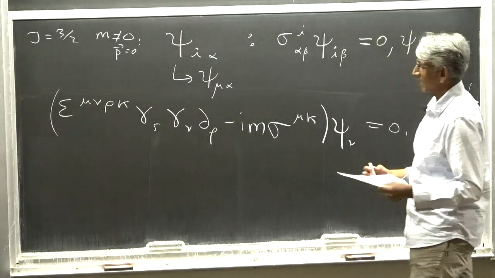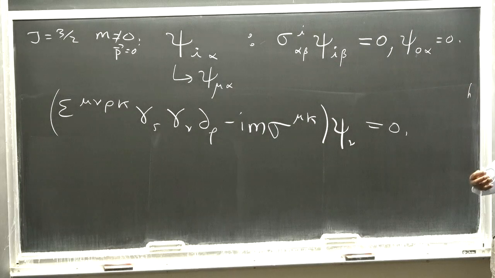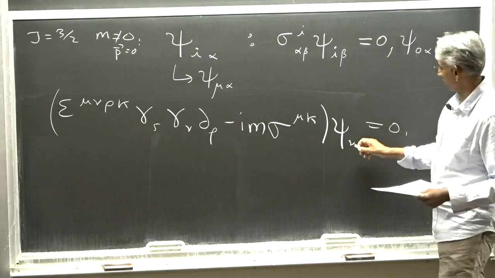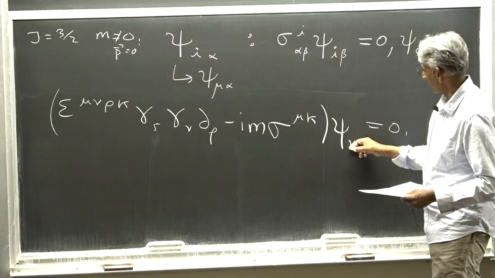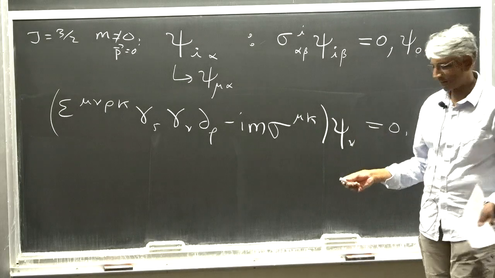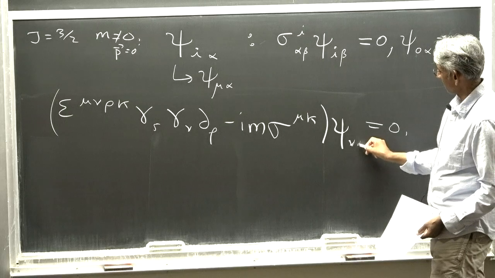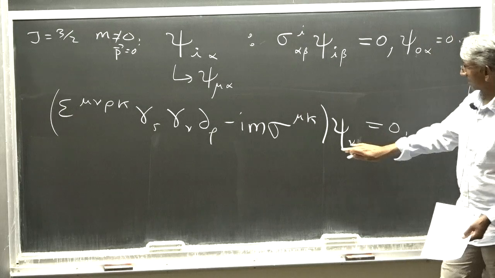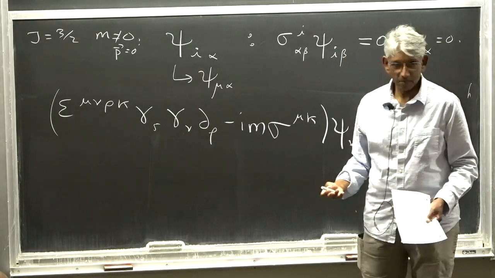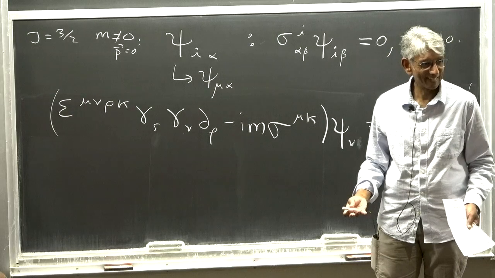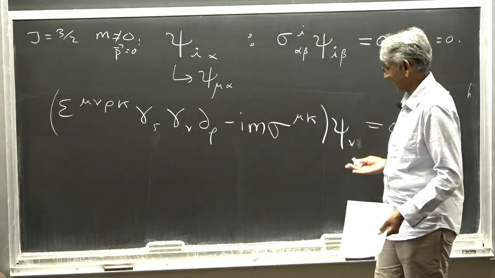So I've written it where the spin indices are implicit. So for example, everything is written in matrix language, as we often do with the Dirac equation, right? I'm not writing the fact that there's an alpha index here and that something like a gamma matrix is a matrix in alpha beta. Obviously it is.